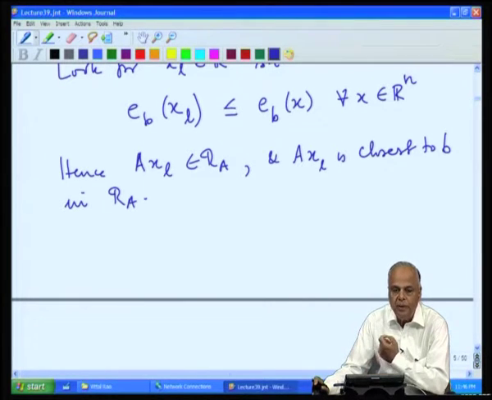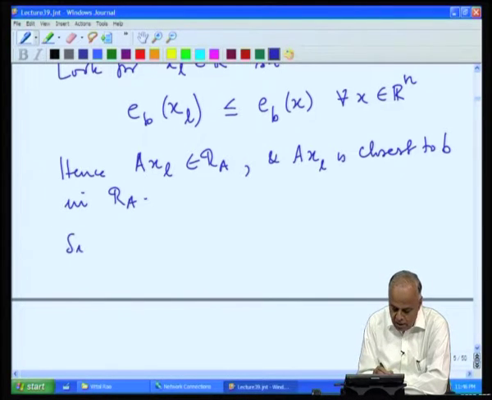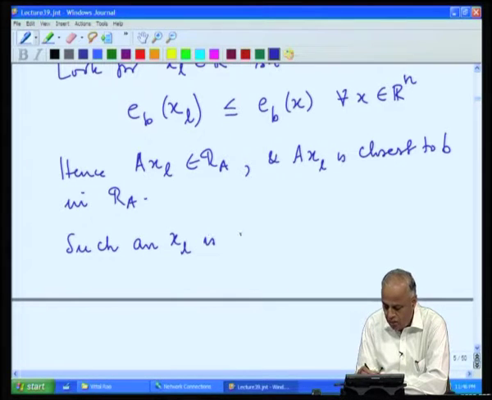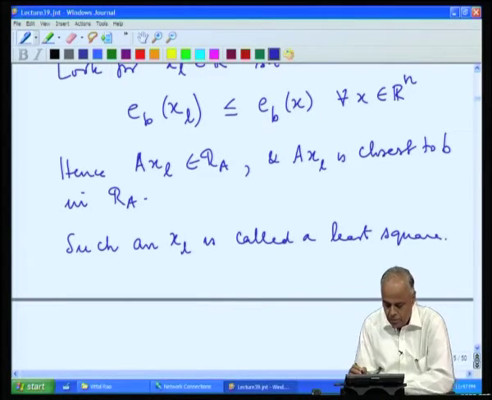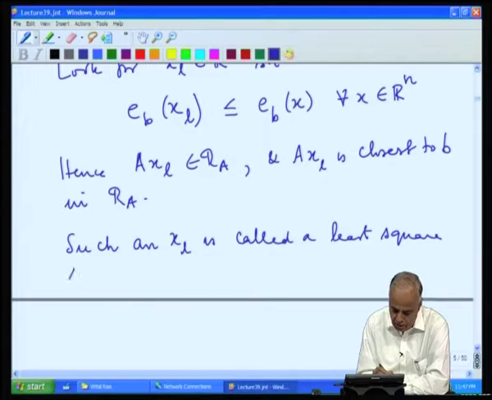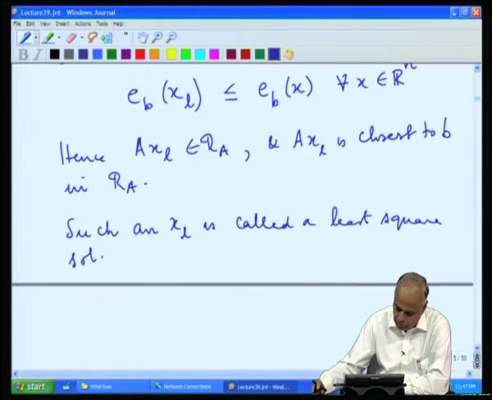So, any such vector x_l which takes us closest to b is called a least square solution.